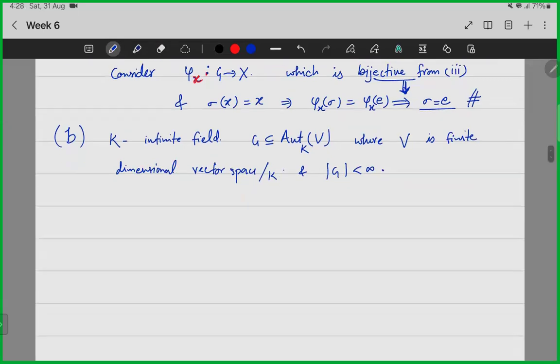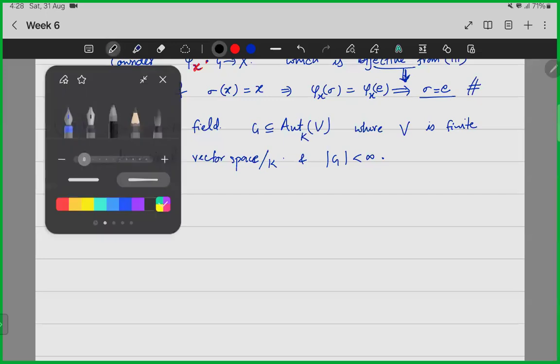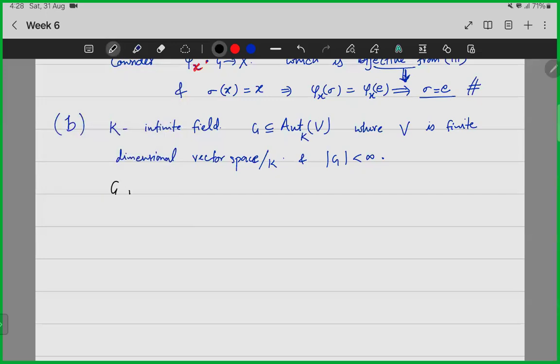We are considering the action of G on V. G naturally acts on V, and this maps (g, x) to g(x), because g is an automorphism of V. So this is our action.